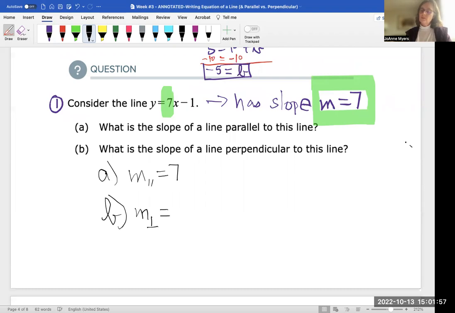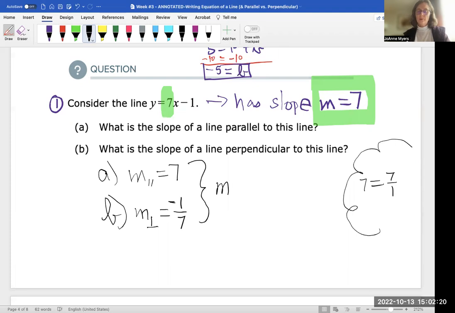So here's the thought bubble. 7 is the same thing as 7 over 1. So the reciprocal would be 1 over 7. When the lines are perpendicular, one is positive, one is negative, and they are reciprocals.